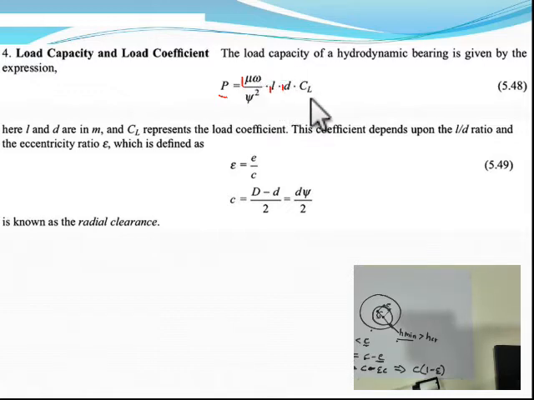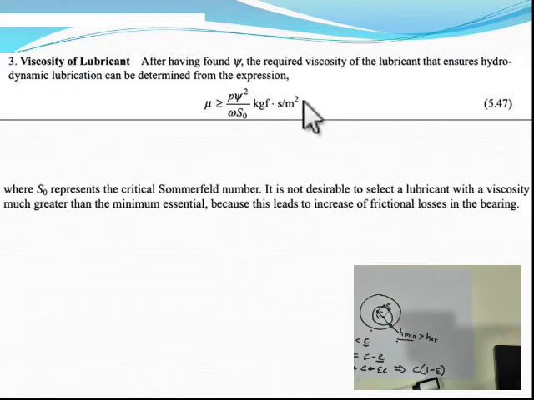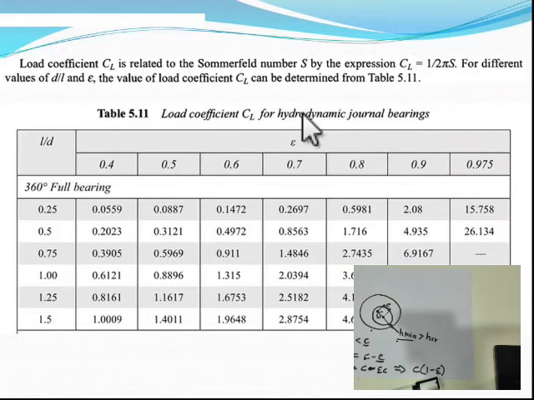So then the only thing that is unknown is your CL. So one goes ahead and puts in all the values and finds out what is the value of CL. The value of CL is known, and also the L by D ratio is known.